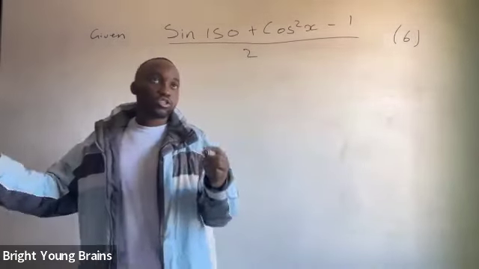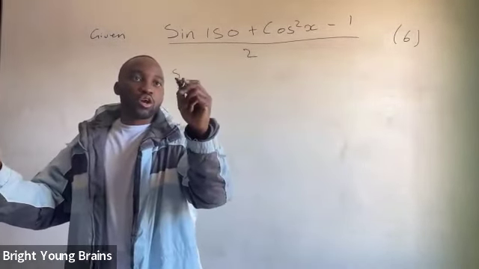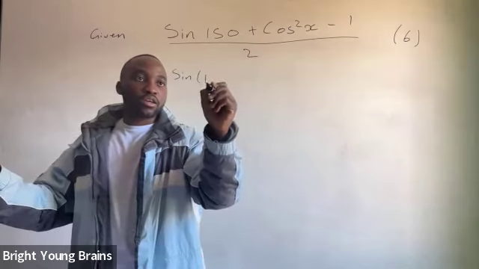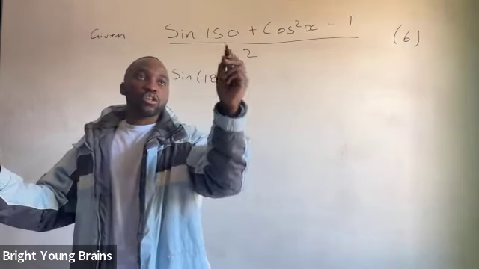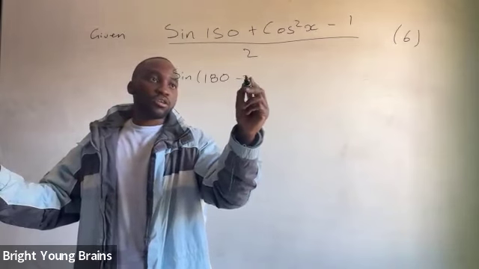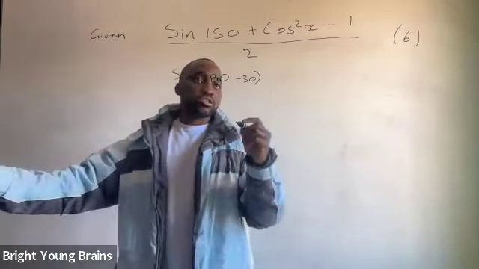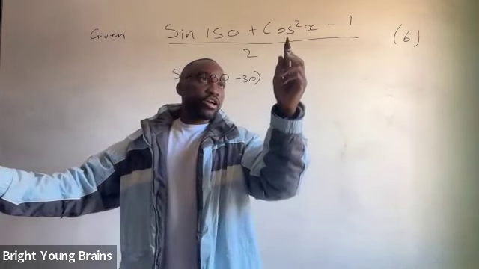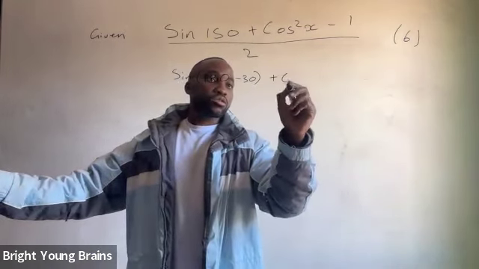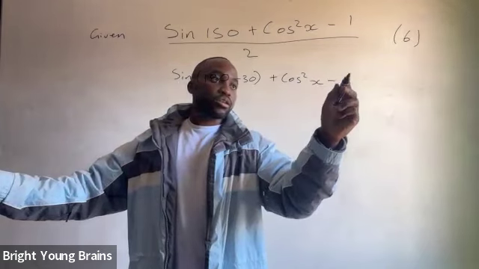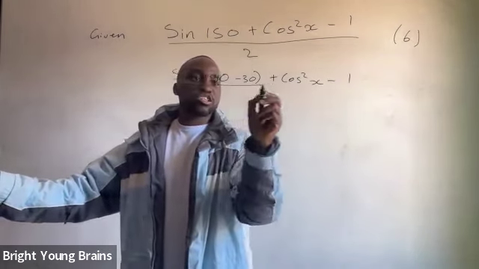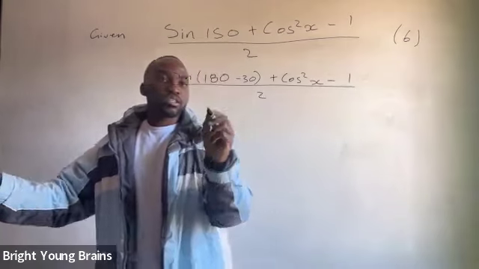The first thing you're going to do is use your reduction formulae to rewrite sine 150 as sine 180 minus 30. And then we have plus cos squared x minus 1. This we have no reason to change as yet, so we can leave it as is.